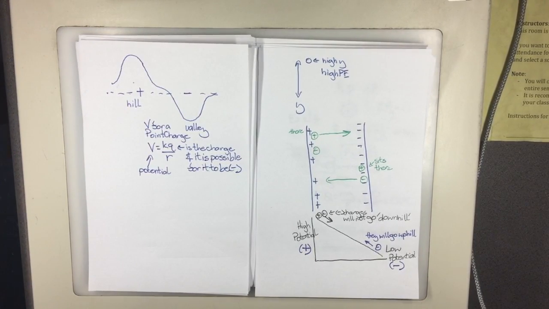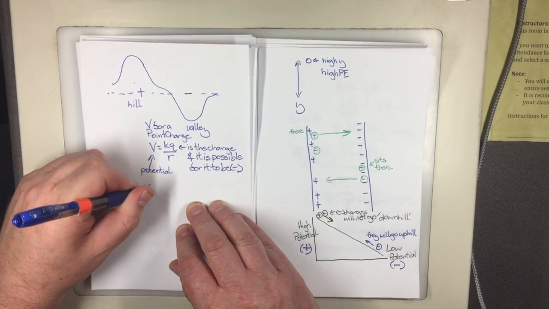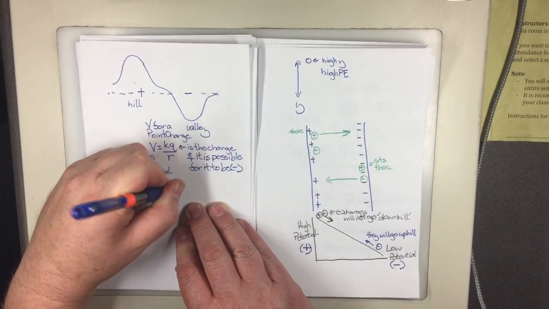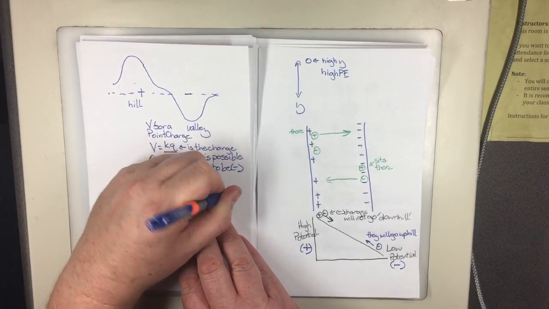So let's go over the three big equations that we've covered so far, and this one is the third. Coulomb's law, can it be negative? No, it is always positive. Electric field, can it be negative? No, it cannot be negative. The potential can. Whereas Coulomb's law is used for a force, which is then used for a vector.